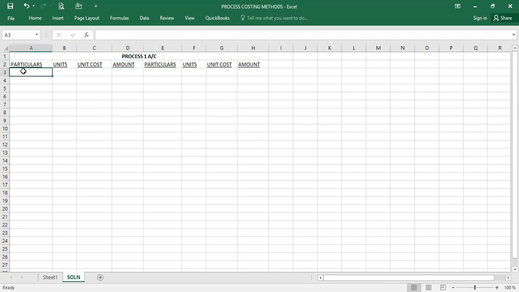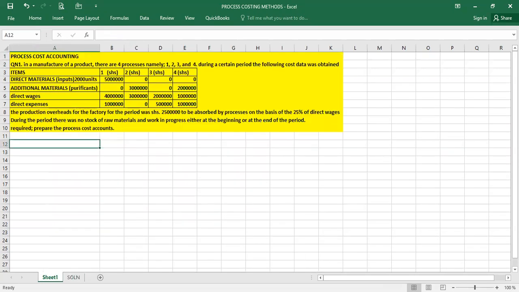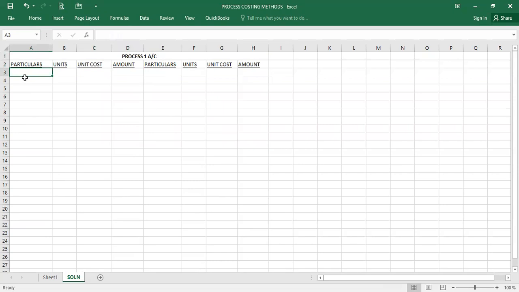All the expenses we've incurred in the processes are supposed to be debited, and the output we get out of the processes is supposed to be credited. So we have our direct material.